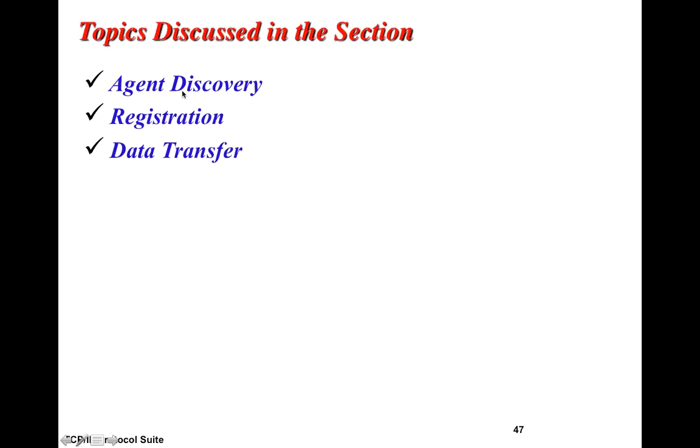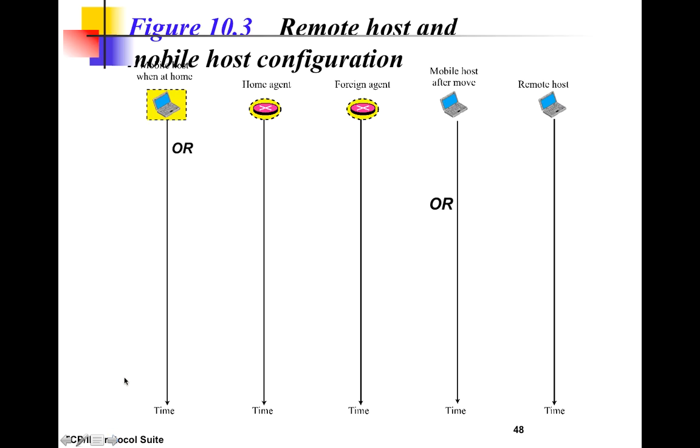And then we have the next phase, registration, where the care of address is registered with the home agent. And then we have the data transfer phase, where any data meant for the mobile comes to the home agent, and then it is forwarded to the new network where it is currently.